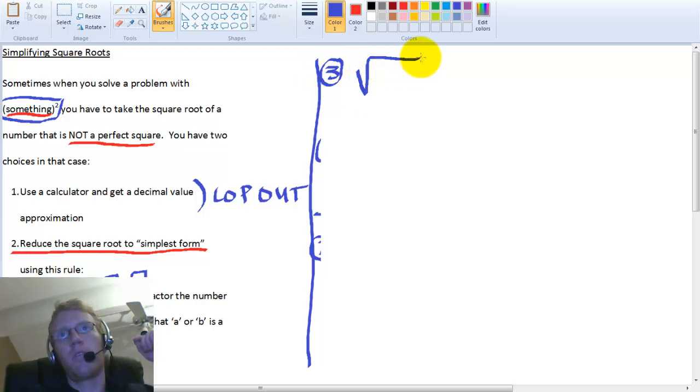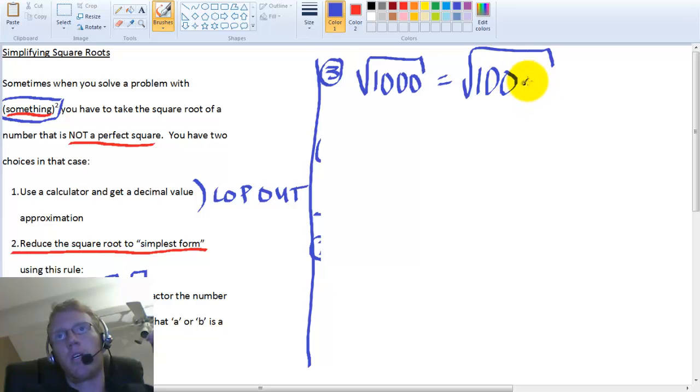Try the square root of, I don't know, 1,000. Okay, we can write that as the square root of 100, which is a perfect square, times 10, which is not a perfect square. And now we can break it apart as the square root of 100 times the square root of 10.